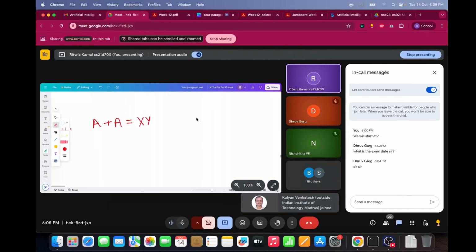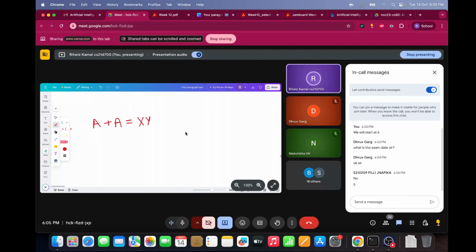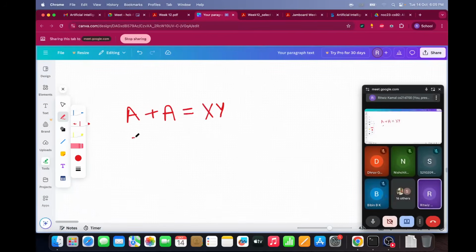It won't, right? So what is the minimum number that we can assign to a such that this equation holds true? 5, right? If we assign a to be 5, then we will have 5 plus 5, which will be 10. In this case, we assign x to be 1 and y to be 0.